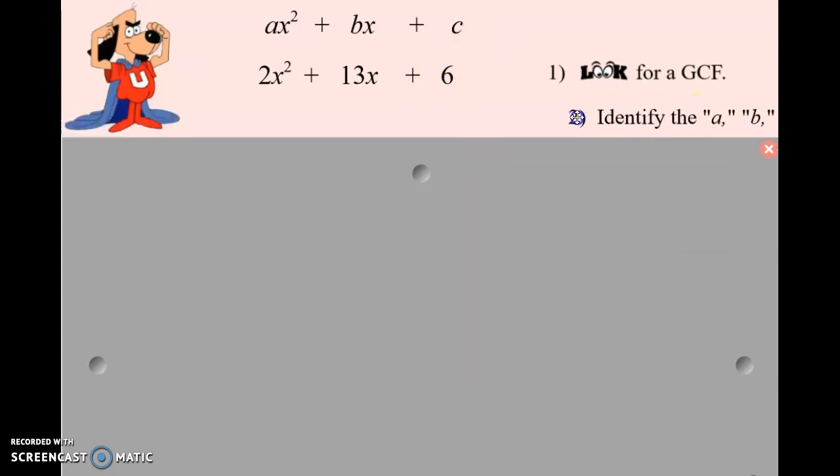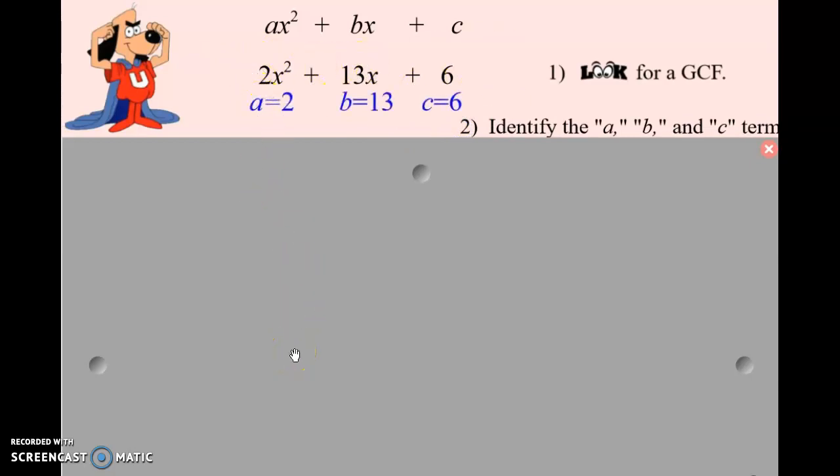Step number 2 is identify the a, b, and c terms. So if I look at this trinomial that's in standard form, the a is the coefficient of the x squared, the b, 13, is the coefficient of the x, and the c, 6, is the constant.